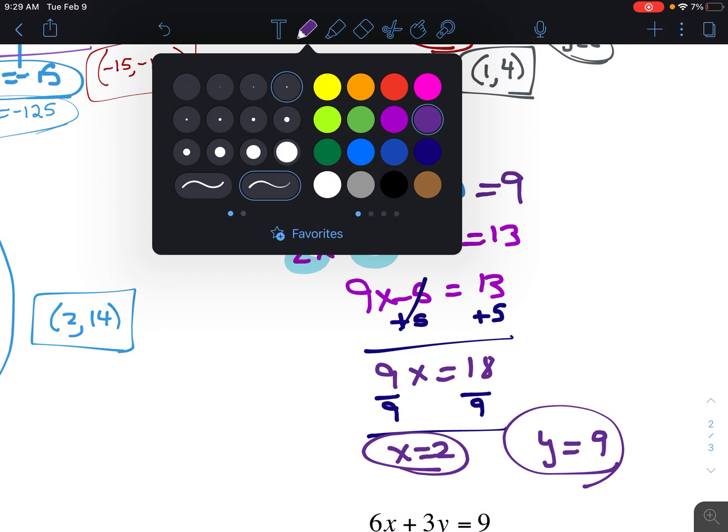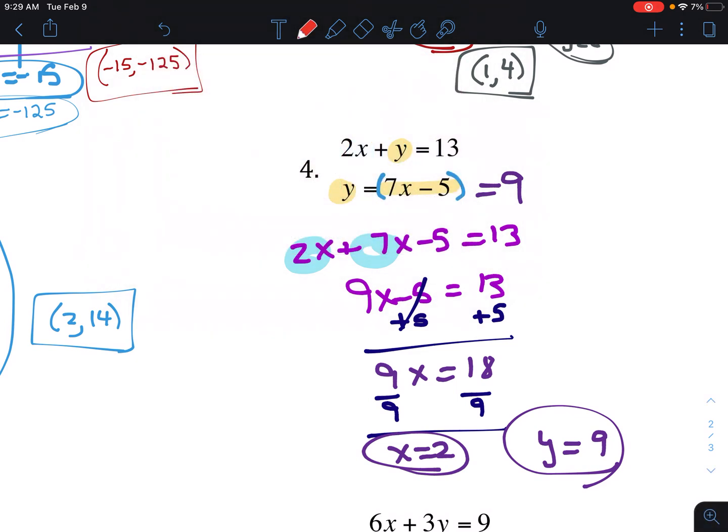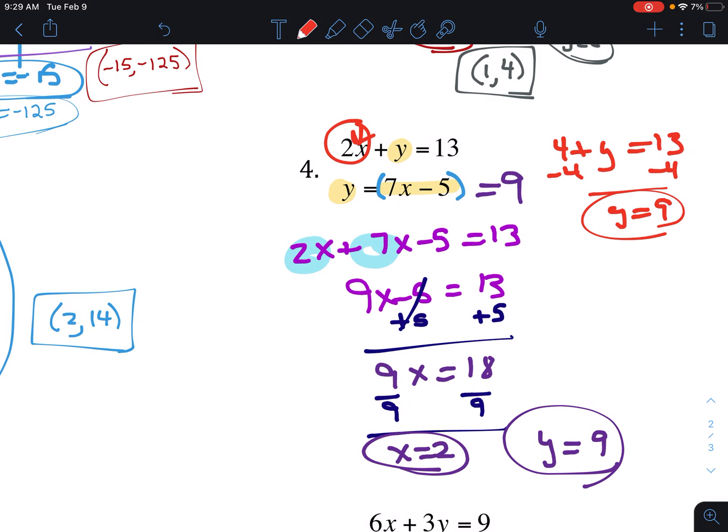Again, I can go up top here and plug in a 2 for x. 2 times 2 is 4, so I've got 4 plus y equals 13. Subtract 4, and y equals 9. So just to prove to you, you can still use it in both equations. It's just that this one is much more efficient. All right, I'm writing my answer as an ordered pair. The x value is 2, the y value is 9. Boom.